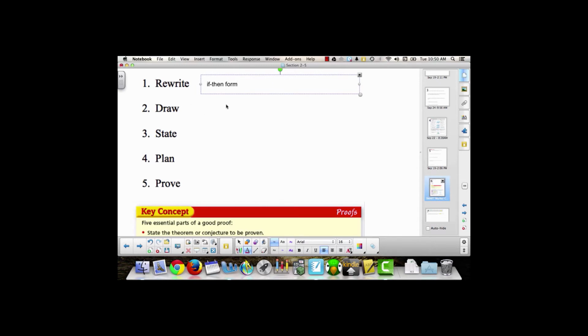Your second step in writing a proof should always be to draw and label a picture according to your if-then statement.